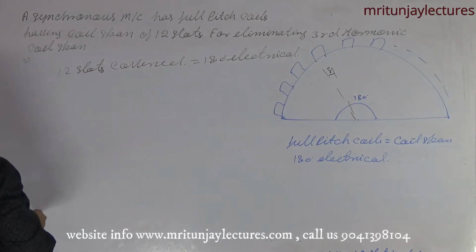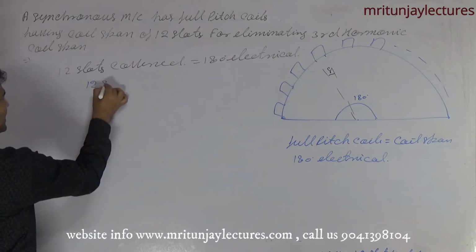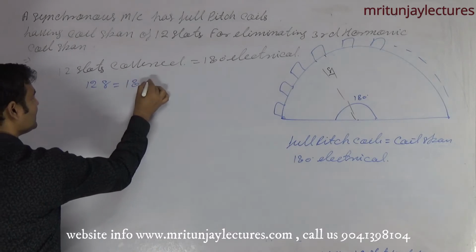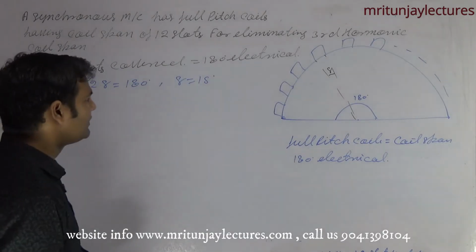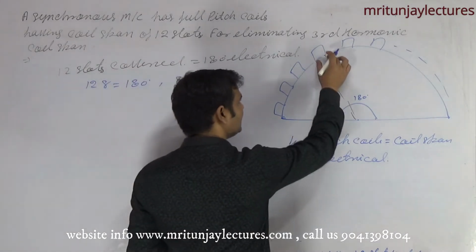So you can say that 12 into gamma equals 180. What about gamma? That is 15 degree. Is it clear? That is 15 degree.